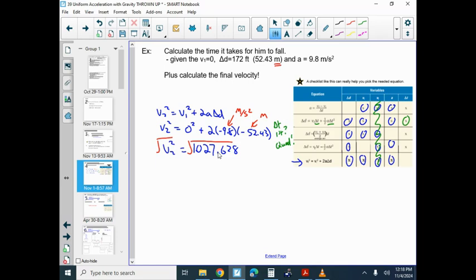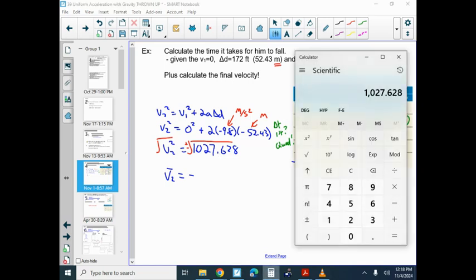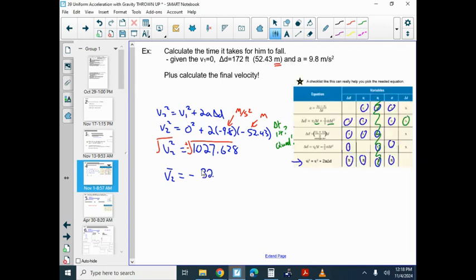So we can square root both sides. Technically, mathematically, we get a plus or minus, but of course we're going to use the negative number because it means down, right? So we're just going to take the square root of that thing, and we get 32.1 or so, probably about the level of accuracy you might trust, meters per second.